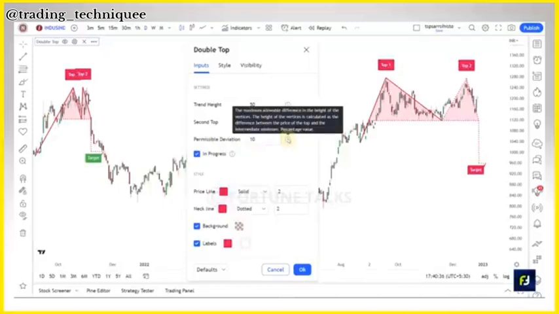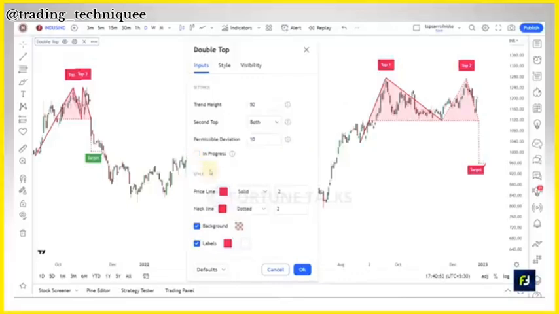Now the more this deviation, the more results will be displayed by the indicator, but with a lower accuracy. So try to maintain a tight deviation and always make sure to tick the in progress box to display ongoing pattern formations. So it is clear that different patterns have different settings or parameters.